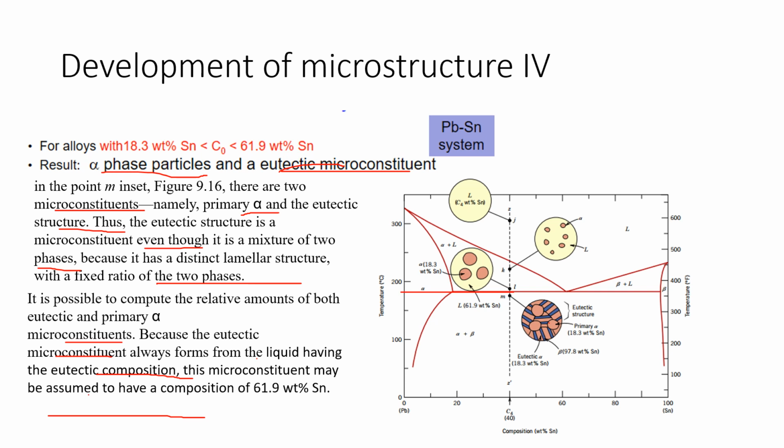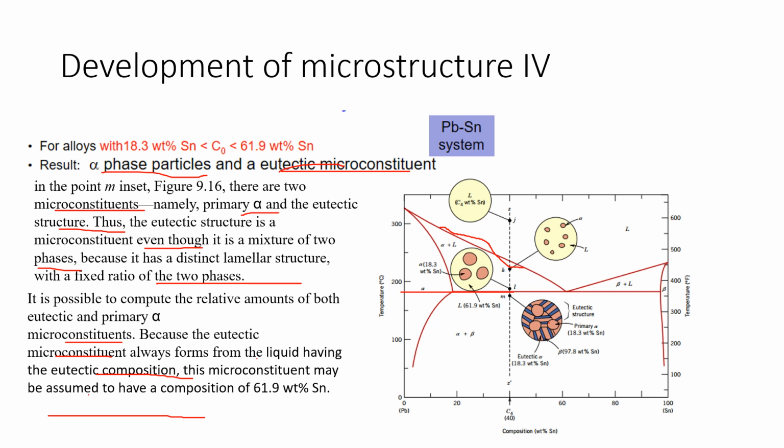The rest is the same. When the alloy is cooled down from a temperature of 300 degrees centigrade, the microstructure is liquid, and then when the liquidus line is crossed, solidification starts.